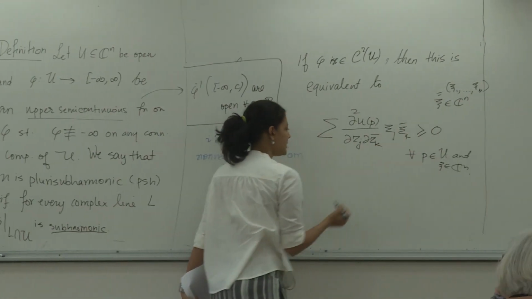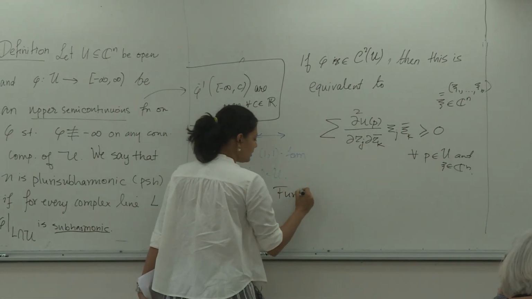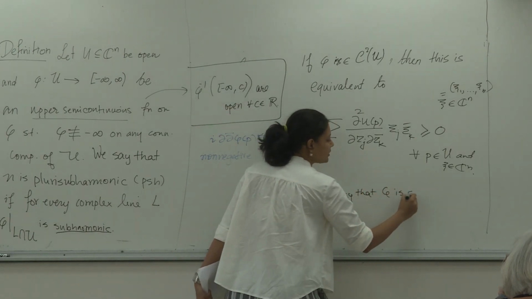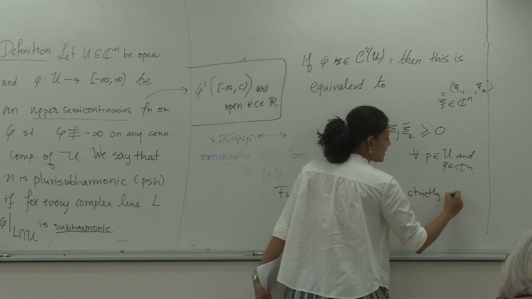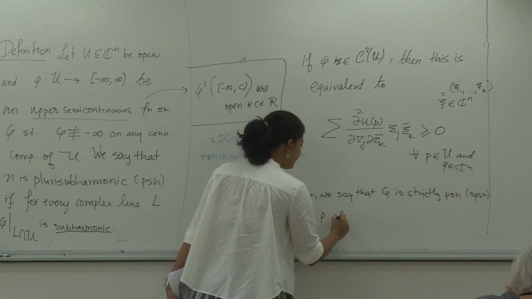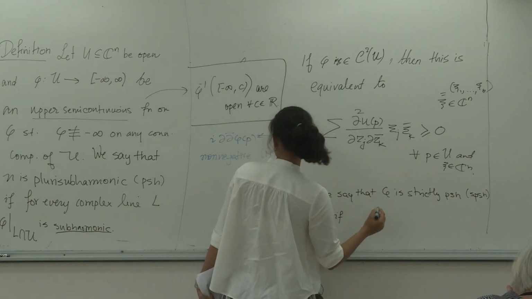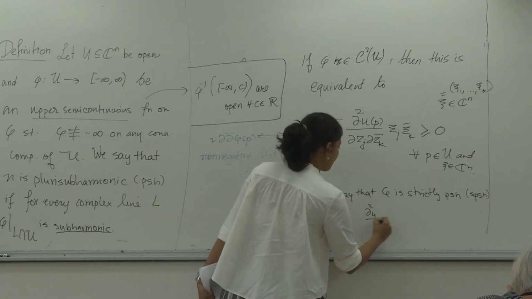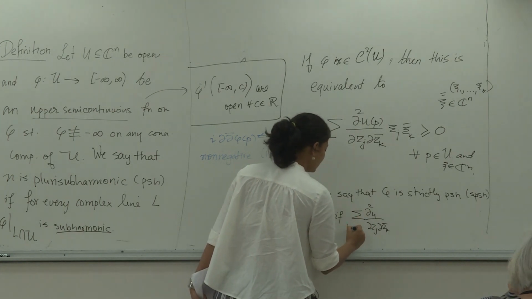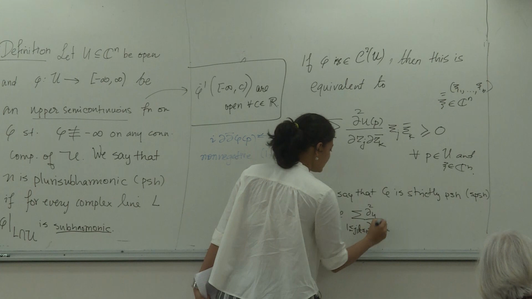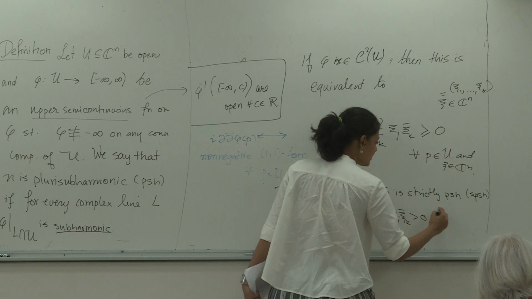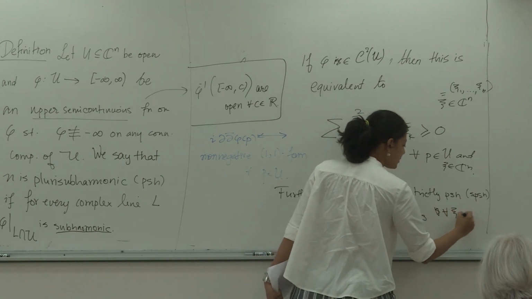So if I want this to be strict, we say that phi is strictly PSH, or SPSH, at p if, let me write this again, the sum of the mixed second derivatives applied to c_j and c_k-bar, where I'm really taking over all directions, is strictly greater than 0 for all non-zero vectors.